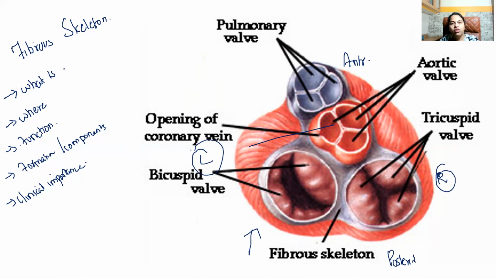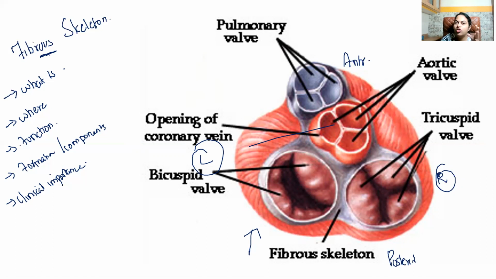Okay, so how are we looking into the heart? You're looking from a superior view, isn't it? You have removed the right atrium and left atrium, so you get to see from the superior aspect. What do you get to see? The fibrous skeleton. What are the fibers you know? You know there's collagen fiber, elastic fiber, reticular fiber.